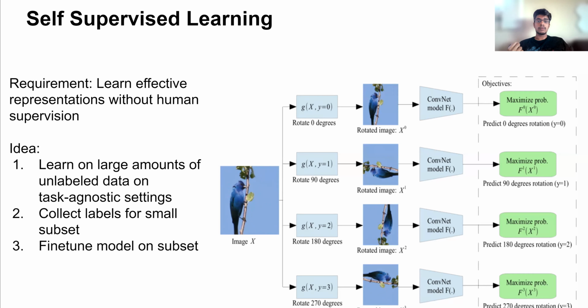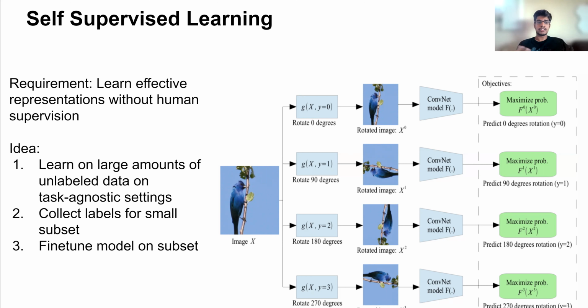Now, can you pass it through a convolutional neural network model to predict by how much angle it was rotated? Or you crop particular sections from an image, and you want to be able to predict which part of the image that particular cropping came from. And by learning these tasks, you are essentially building models that are more generalizable or learn better representations, which is the main goal.